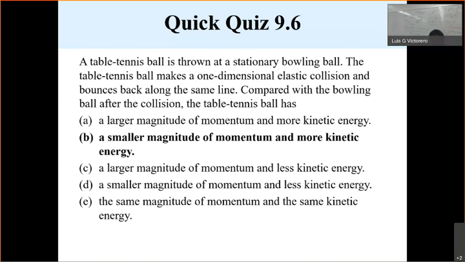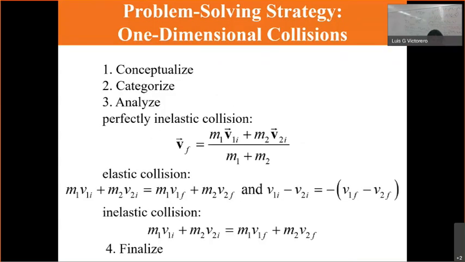So the table tennis will have a larger kinetic energy. Okay, so these are some strategies that you have here for the collisions, all right? You have them there for perfect inelastic and elastic collisions.